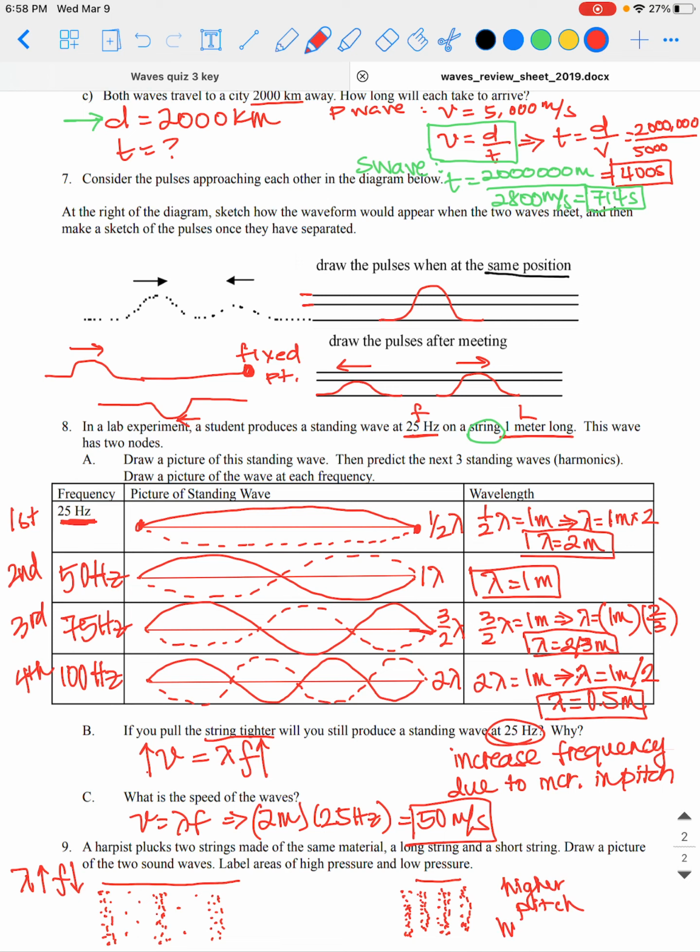So higher frequency. High pressure is a compression, and then low pressure is a rarefaction.